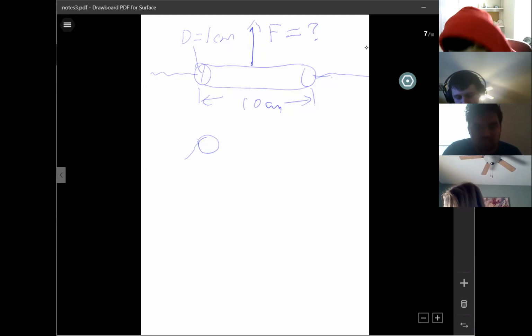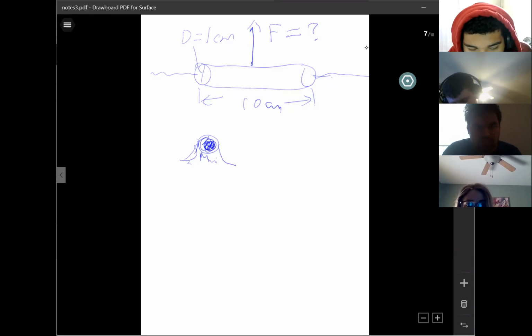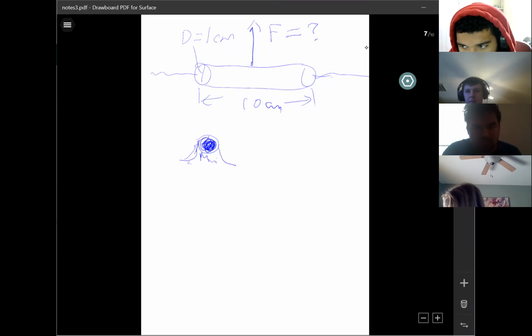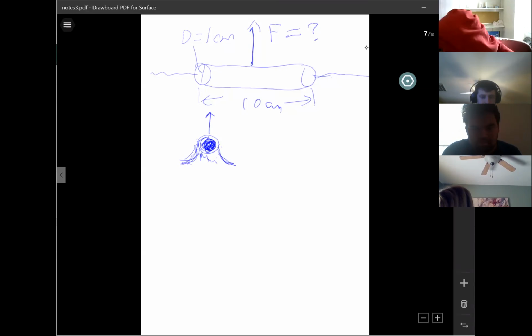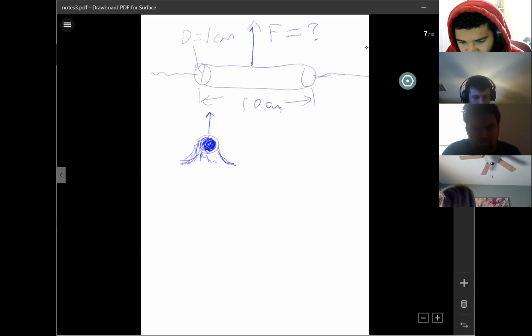This is the water down here. This is your element, the cylinder surface. So basically you try to pull it up like this, but the water applies the surface tension force on it to stop you from pulling this cylinder out of the water.